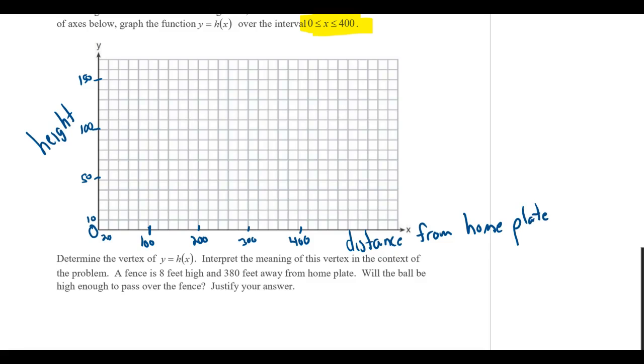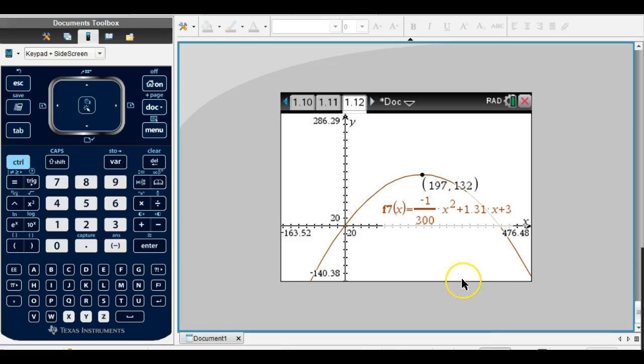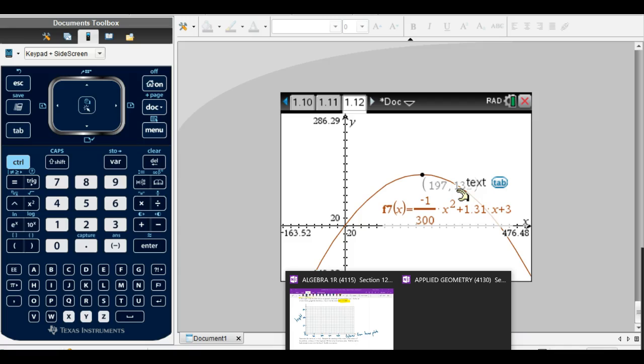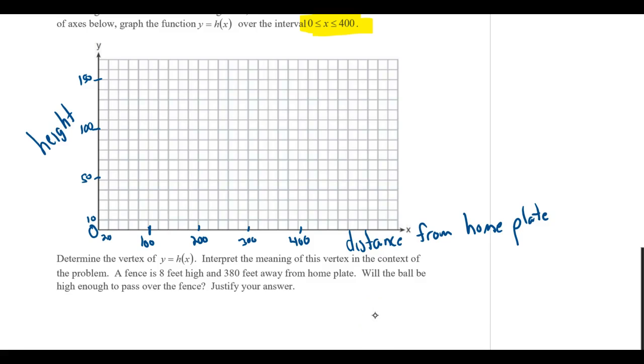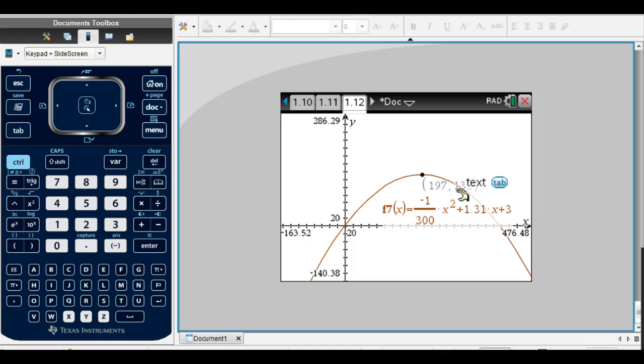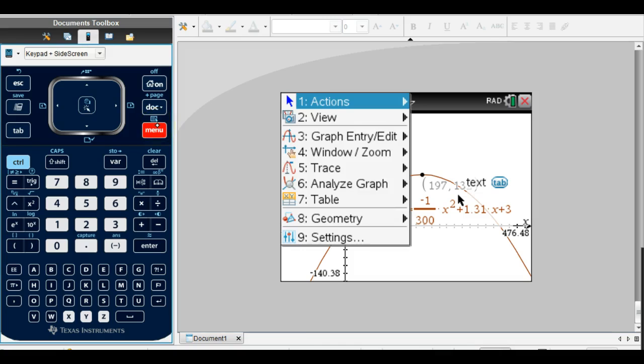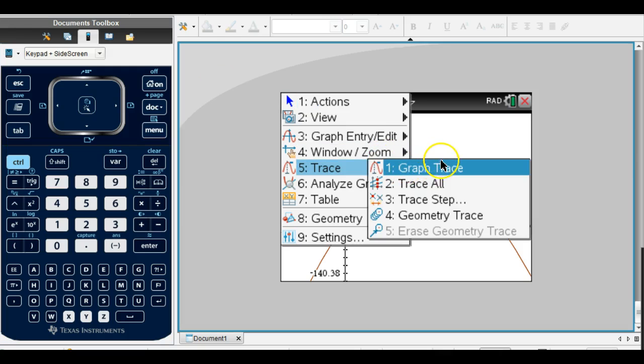And now I also know the fact that this is going to be a curve that reaches a maximum height of 132 feet when it's 197 feet from home plate, and 197 feet is just under 200. 132 is going to be approximately right here. If I want to, I can go into the table or use the trace command to get more distinct points.